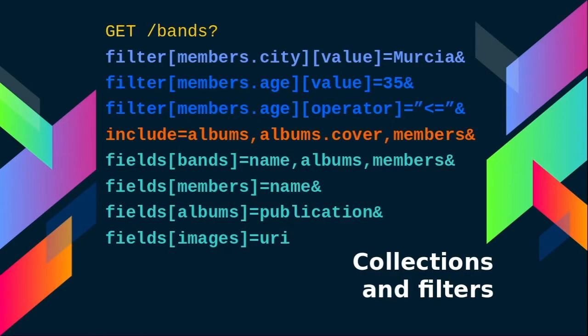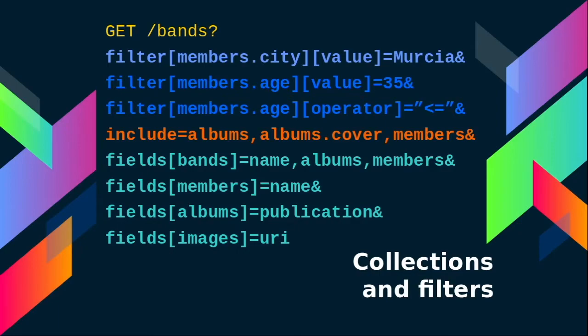But once you figure that out, you say, okay, give me all the bands, and then filter the bands by the member's city being the value that we want, and the members of the band's age needs to be less than 35.